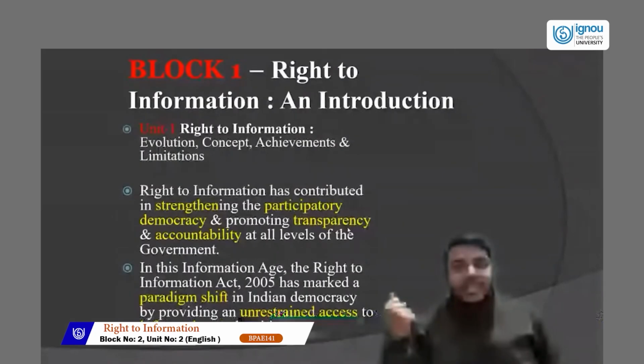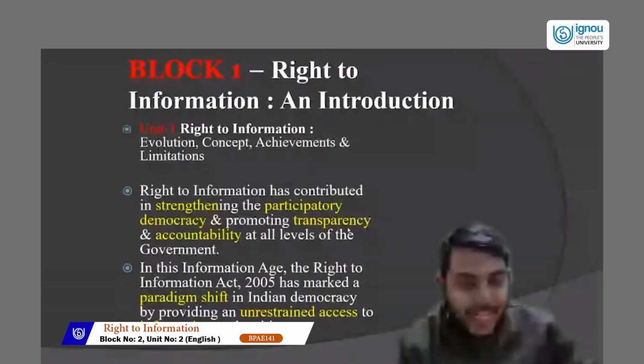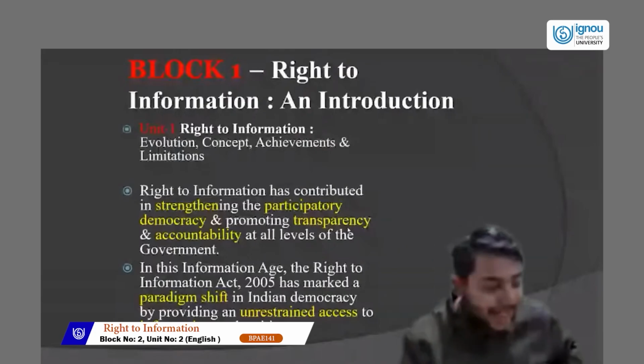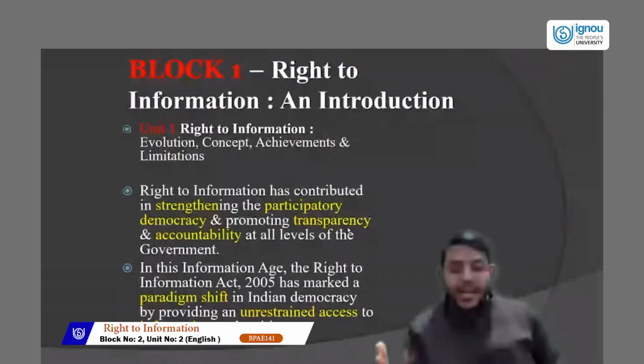So RTI can be considered to be a paradigm shift, a watershed moment in the history of Indian democracy. And especially this RTI Act of 2005 has ensured unrestrained access to information to the citizens.